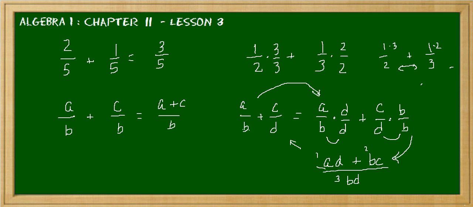And now we have adding x over 4 and x over 3. Again, they applied the same principle. Take the denominator of one and multiply both numerator and denominator by that. So we took the 3, the denominator, we put 3/3 times x over 4. We ended up with 3x over 12.